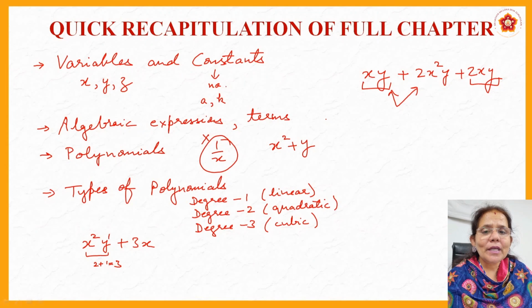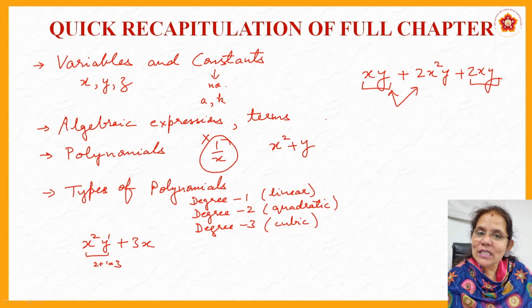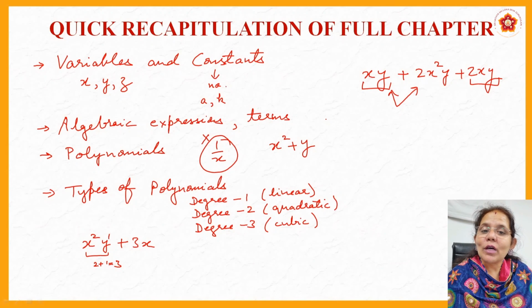Whatever answer you obtain, that will become the value of the polynomial. When we are talking of zero of the polynomial, is your answer coming 0 after putting that value or not? If it is coming 0, we will say it is a zero of the polynomial. It is very much similar to the factor theorem that we have done, that remainder should come 0.